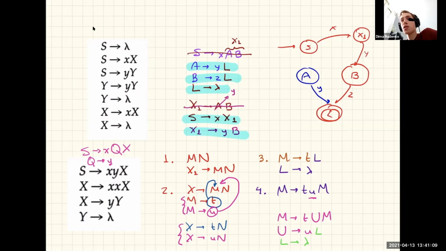It is X. Because we have X to lambda. Oh, no, we don't. I have the wrong one. Yeah, I see.